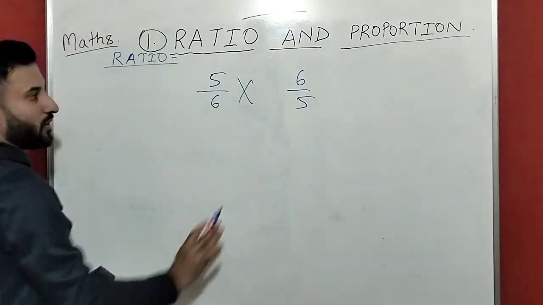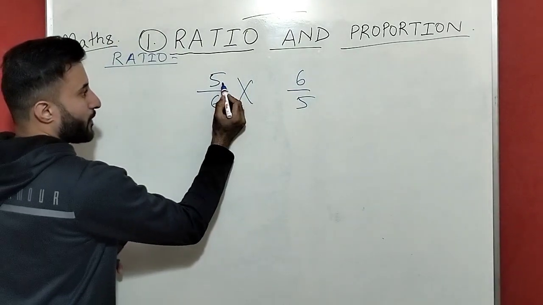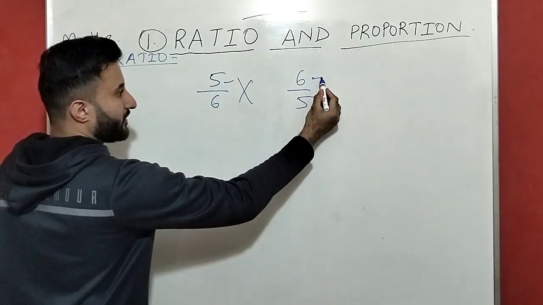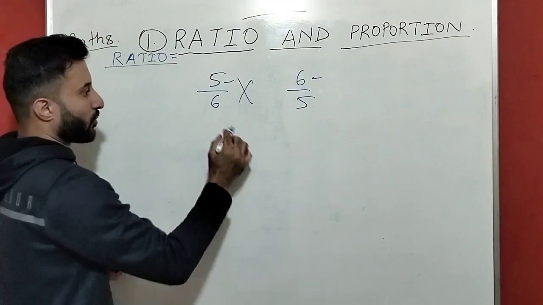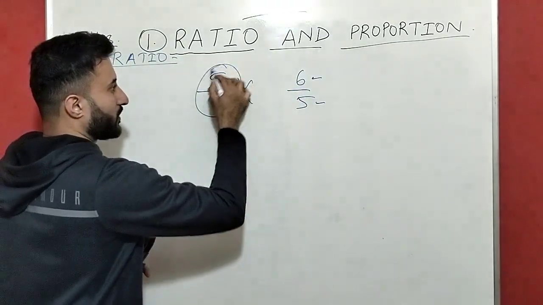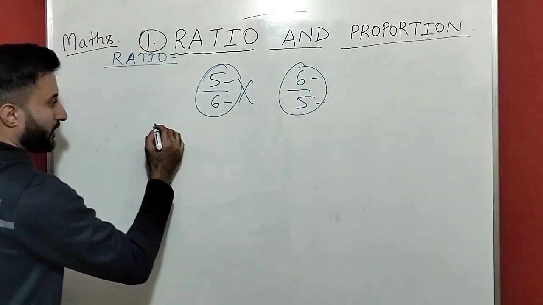Both are not equal, both are not the same. Guys, it is totally different. Here the antecedent is 5, there the antecedent is 6. The consequent is 6, there the consequent is 5. So this becomes totally different. We cannot write like this.